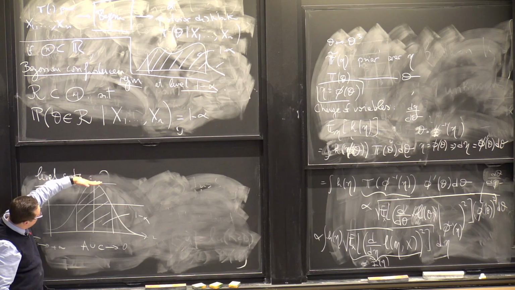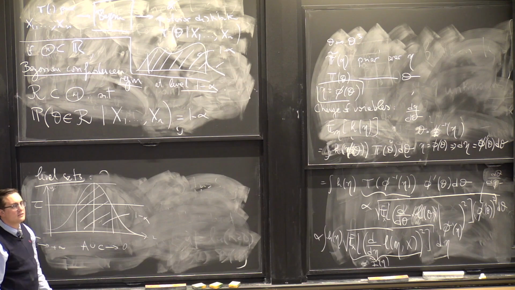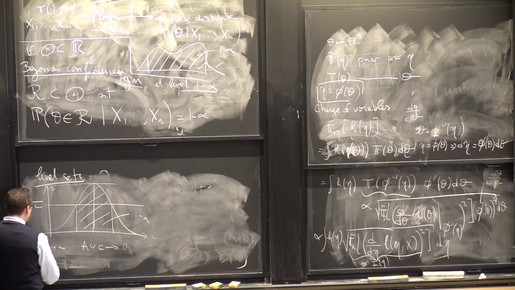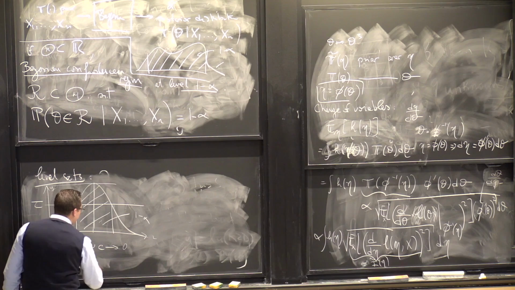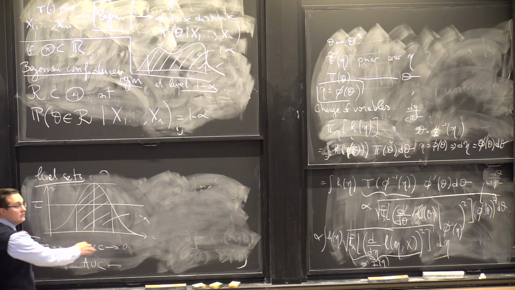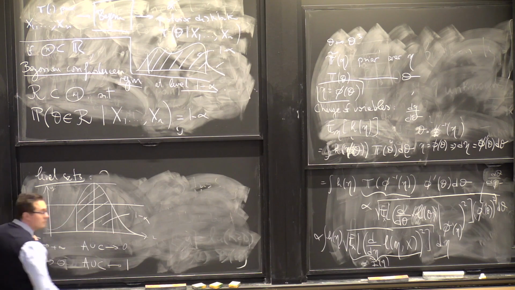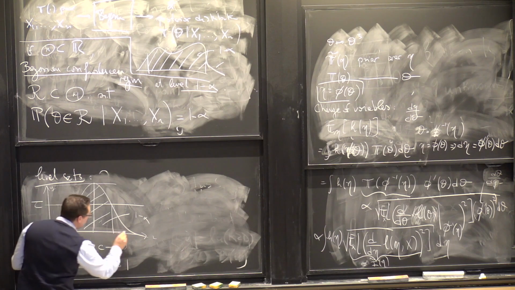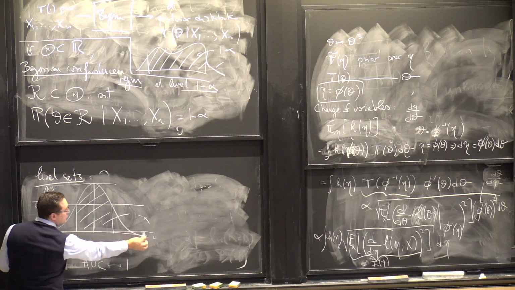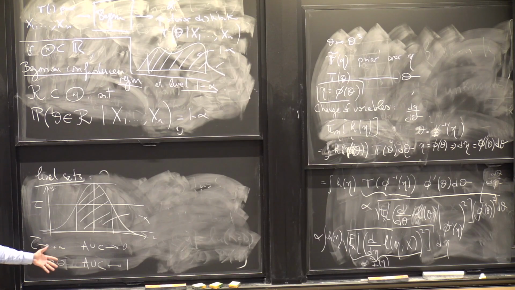And so I start here, and then I start going down and down and down until I get something which is going down to 1 minus alpha. And if tau is going down to 0, if tau is here, I'm cutting nowhere, and so I'm getting 1, right? Agreed? Think of when tau is very close to 0, I'm cutting very far here, and so I'm getting some area under the curve which is almost everything, and so it's going to 1 as tau goes down to 0.